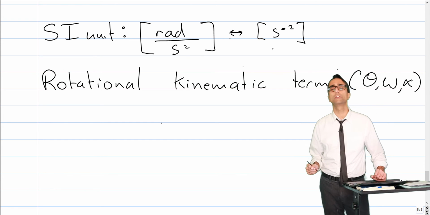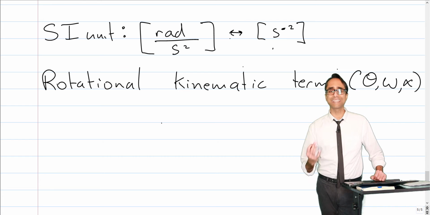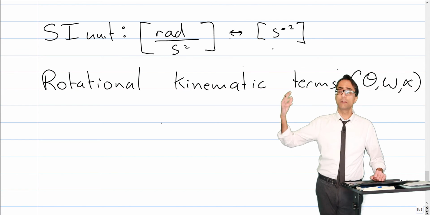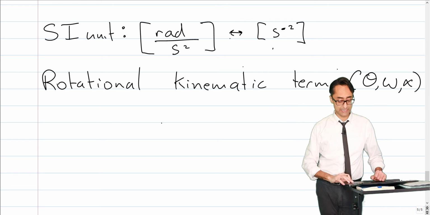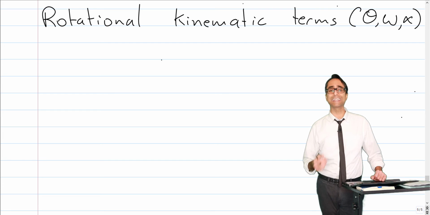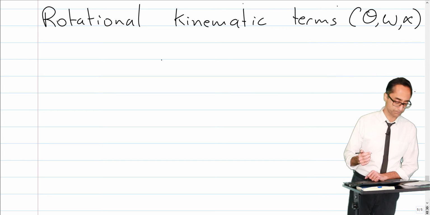Learn those words. We're going to use them quite a lot. I won't be talking about fancy letter W. I will be saying the word omega. You should know which one I'm talking about, not just by being able to see it on sight, but to understand that that's angular velocity. Theta is angular displacement. Alpha is angular acceleration.